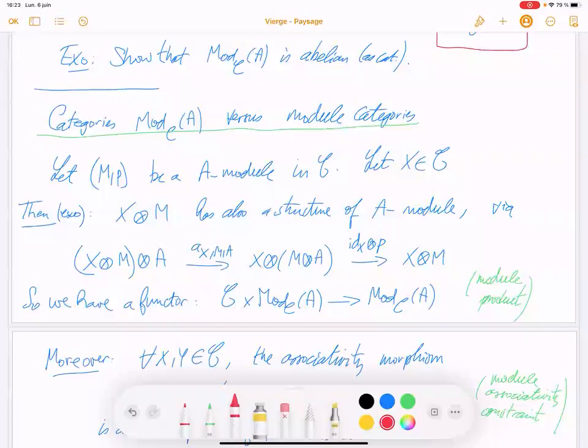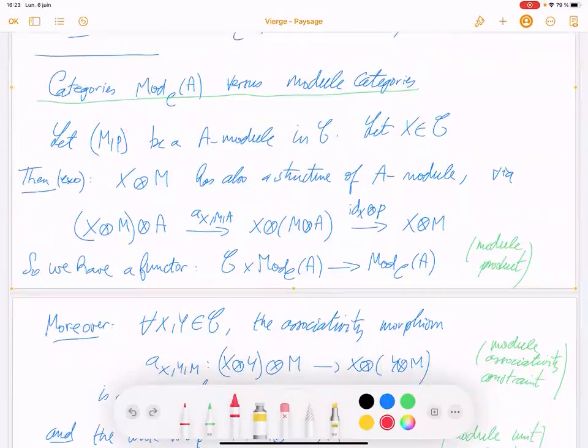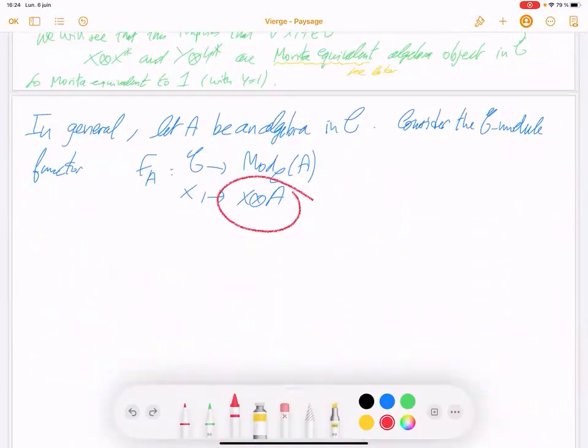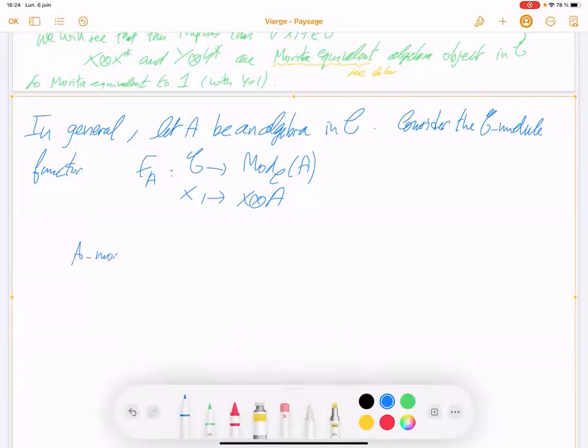If you take M equal A here, A has a structure of a module on itself. So this has naturally a structure of A module, but if we want to write the morphism, the A module structure on X tensor A.